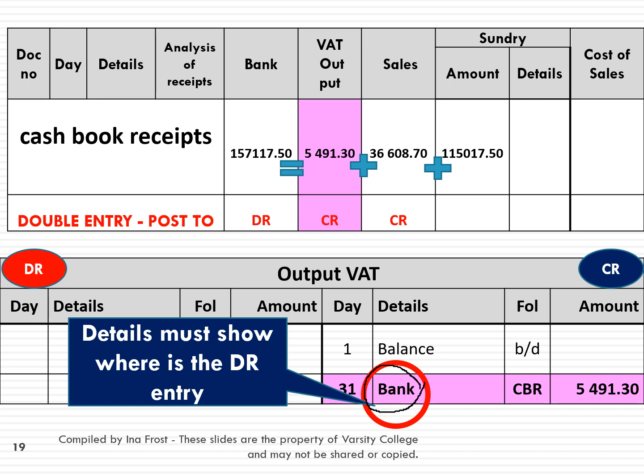And if I want the detail of this entry, I can just go to cash book receipts. And in cash book receipts, I can find all the transactions that had output VAT or the cash transactions with output VAT for this particular month. And the total of all those transactions is 549160. And this total must match up with my total in the cash book receipts.